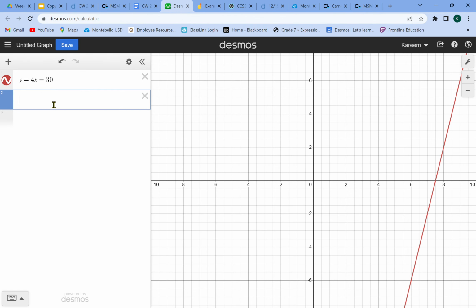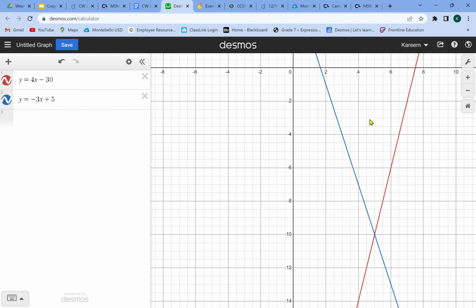So I type in here, y equals negative 3x plus 5. Okay, so it's going to intersect somewhere in the bottom, it seems, because see how the blue line goes downward and then the red line goes upward here. So I'm just going to go down here. Then I notice that it does hit at positive 5 and negative 10.